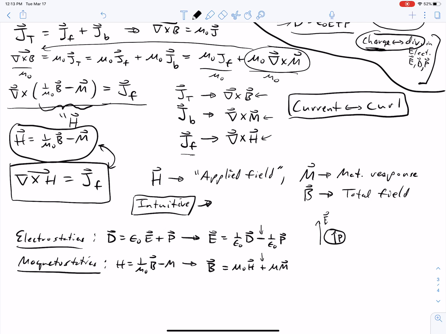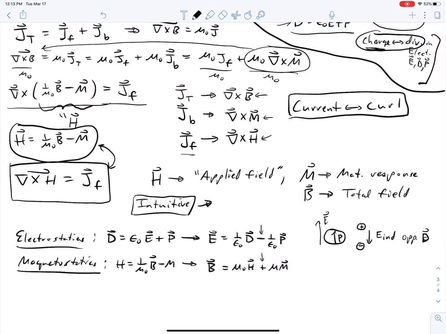But an electric dipole is a plus on top and a minus on the bottom, and so the induced electric field is in the opposite direction. The induced electric field opposes the applied field. So I should say it opposes the D field.